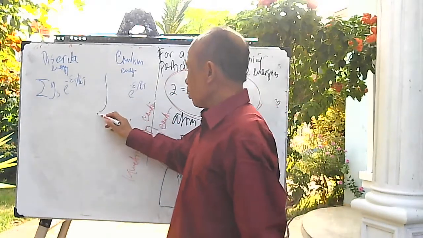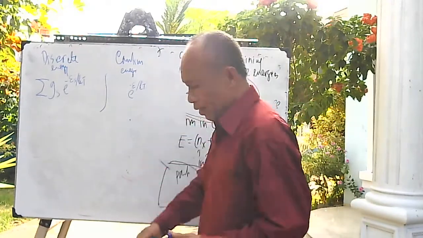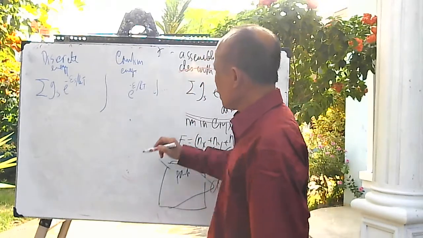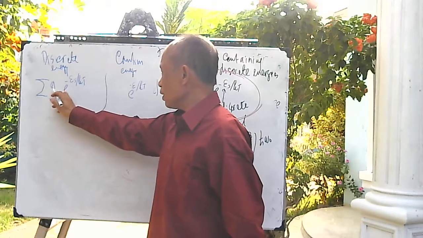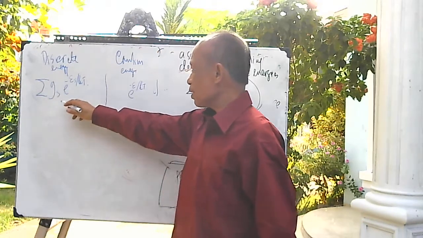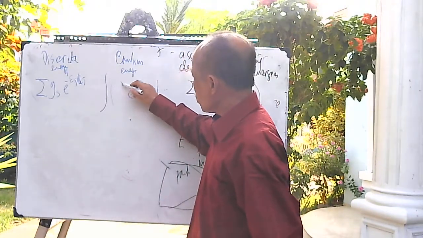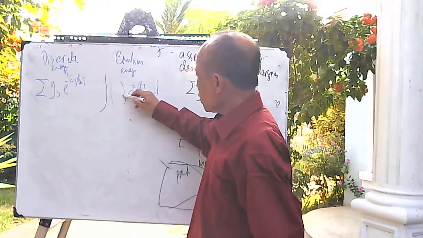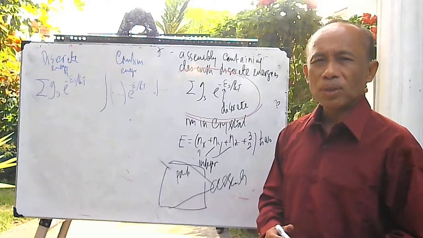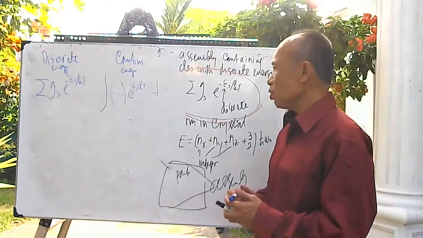Now, if we have an integral, we must have a differential symbol like d. To transform this, the number of arrangements, the number of states in the discrete case, we must transform into some similar expression in the continuum case, for an assembly having continuum energy.